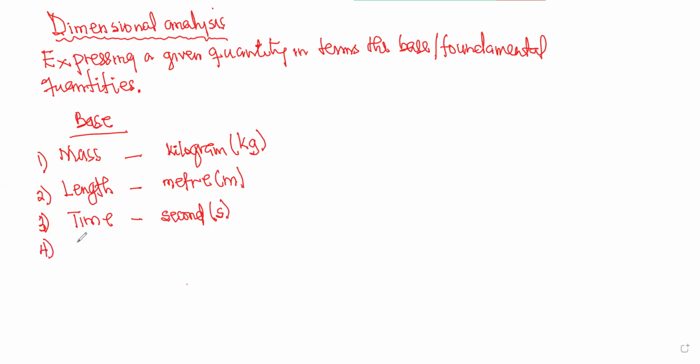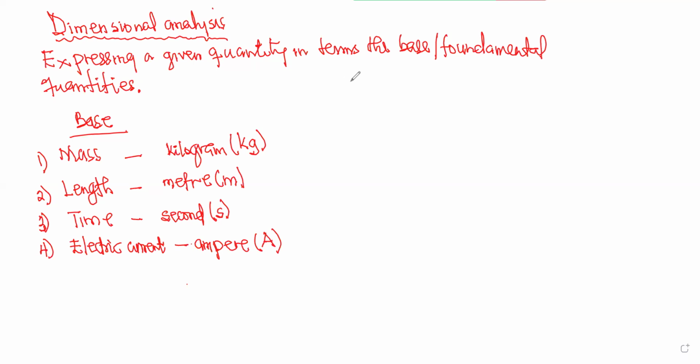Electric current. What is the unit? Ampere. The unit ampere is small a, m-p-e-r-e, and the symbol is capital A.